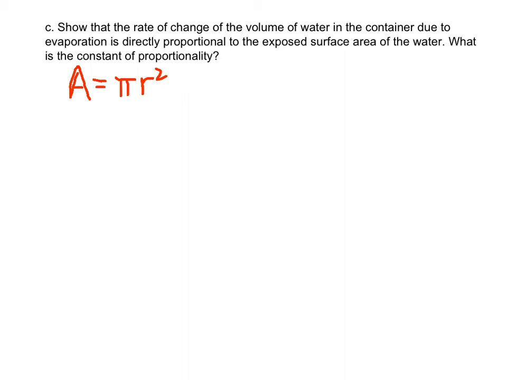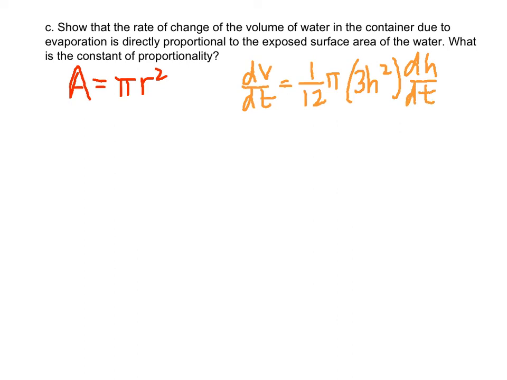The rate of change of the volume is going to be 1/12 pi times 3h squared dh dt, and that's simplified from the previous question.